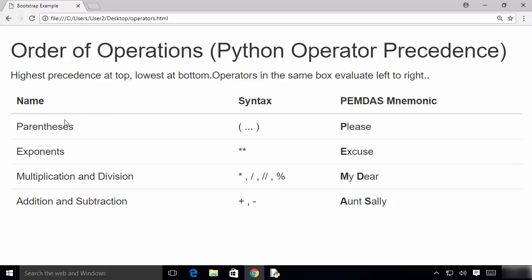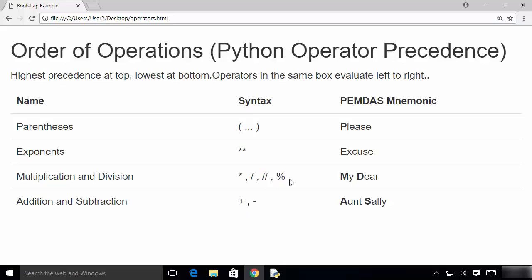In this table, the highest precedence is at the top and the lowest is at the bottom. That means parentheses have the highest priority, and then the exponents have the priority, and then the multiplication and division operators have the same priority here, and at last the subtraction and addition have the same priority.